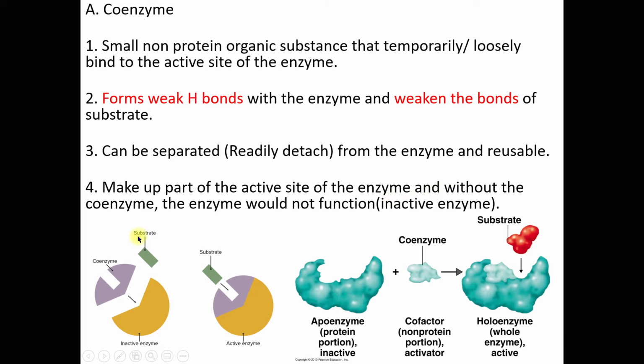Without the coenzyme, since it is a cofactor, the enzyme would not function, or would be inactive. You can see from this diagram how the coenzyme binds to the active site of the apoenzyme. After binding, the enzyme is active and can catalyze a chemical reaction with substrates.